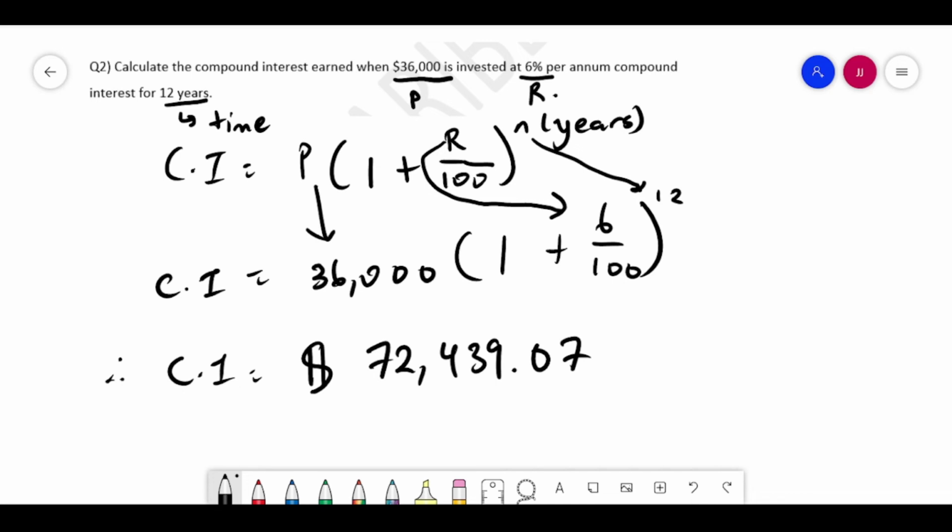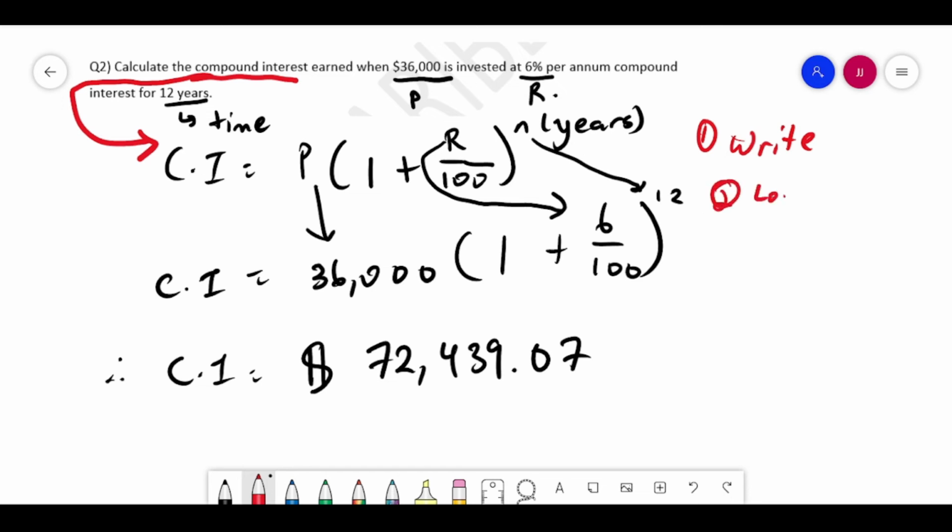So just to go over this question one more time. The question wants us to find the compound interest. So automatically we pull out the compound interest formula. We write it, and we look at what the question is stating. Look for keys in the question.